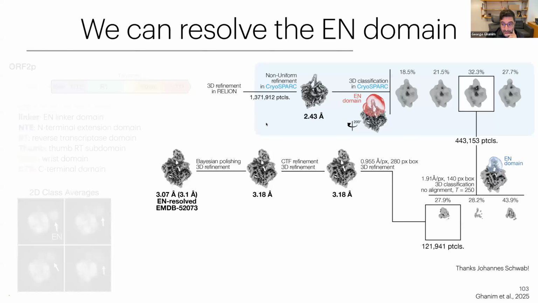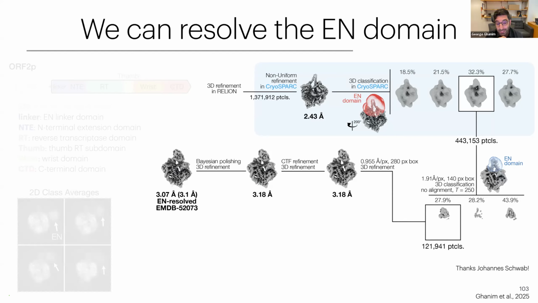So one of the challenges here, I had tried many methods at the time, and one of the challenges are these two long helices. So the endonuclease domain is flopping about, and it seems to be contacting these two helices, but the rigidity of the helices seem to dominate the alignments in a lot of the strategies I was trying.